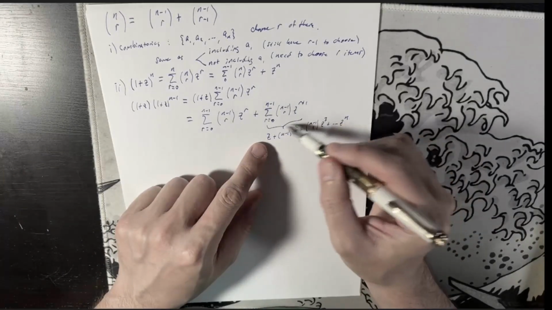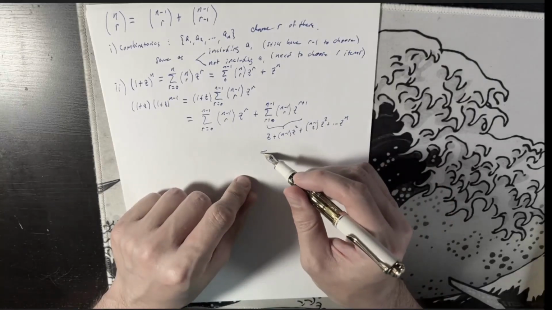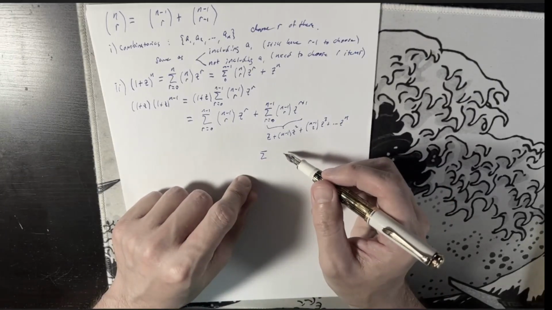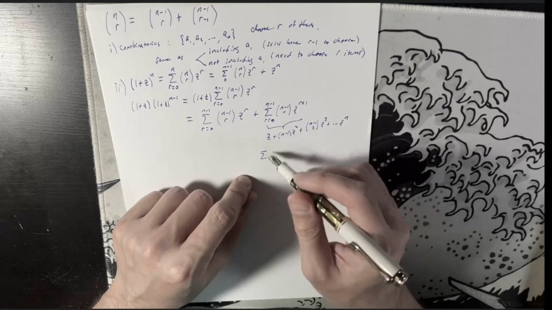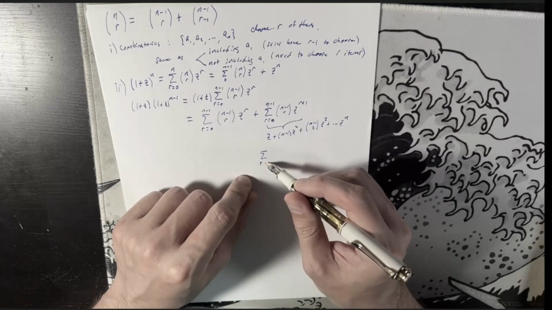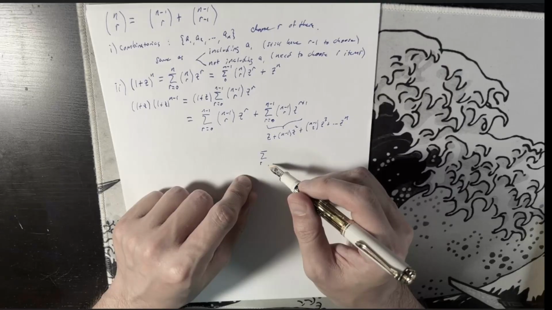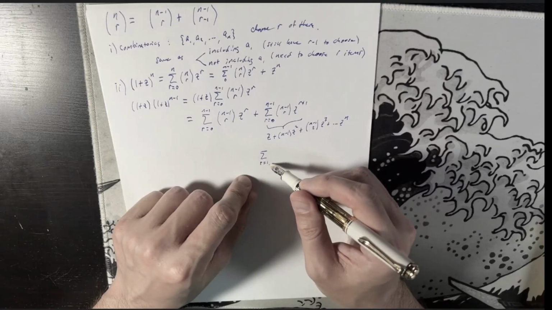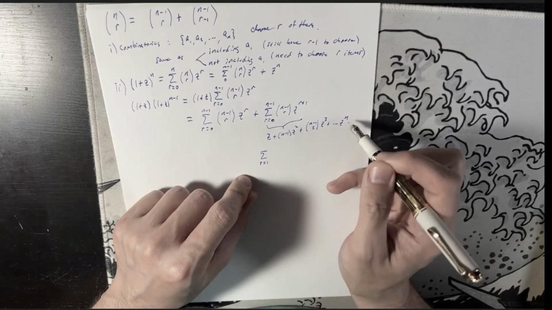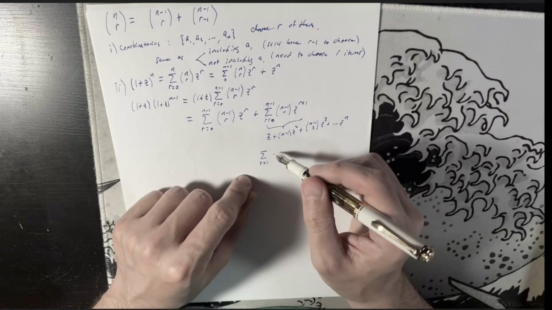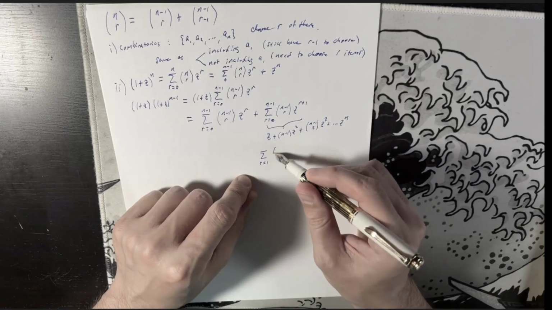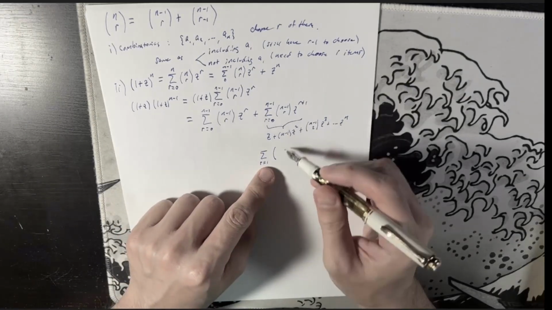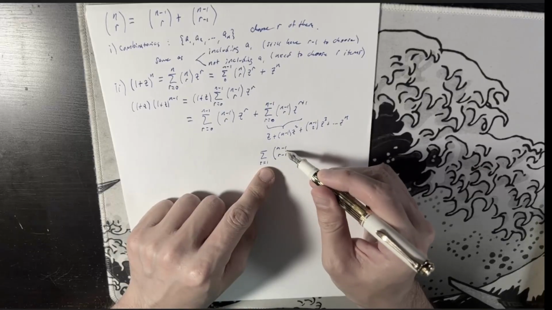So this part you could reindex. I was just going to make them z to the r, but now they start at 1. They end at n. So if you reindex this, you're getting this part.